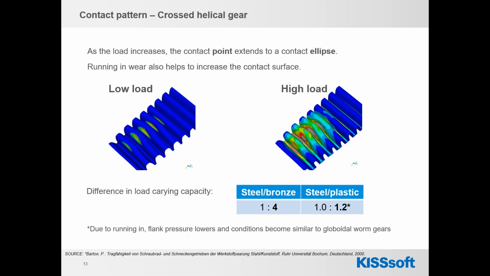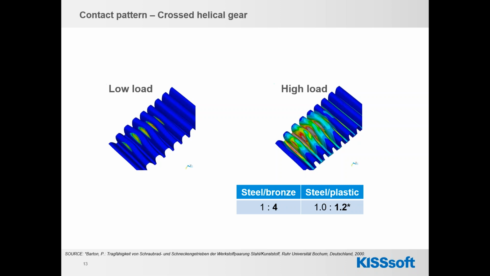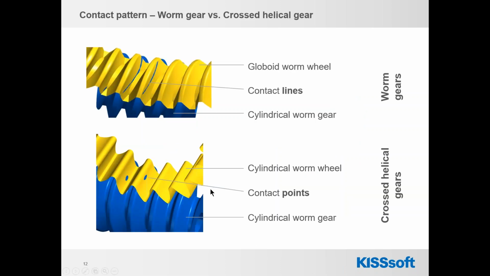But in plastic, maybe the difference is only 20%. So in plastic, we're often using this crossed helical gear worm design because in this configuration we can actually injection mold the cylindrical worm wheel, whereas the globoidal worm wheel cannot be injection molded easily.